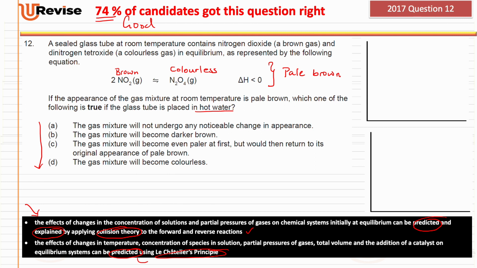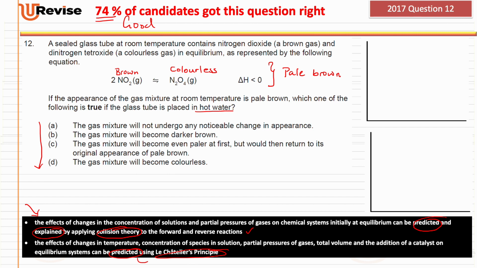What I tell my students is, if you've got a question and they are not sure whether to use Le Chatelier's principle or the collision theory, I would use the collision theory, because if you use the collision theory, it covers you for both prediction, making a prediction, and explaining. But if the question is clearly saying explain, it means you're supposed to use the collision theory, right?